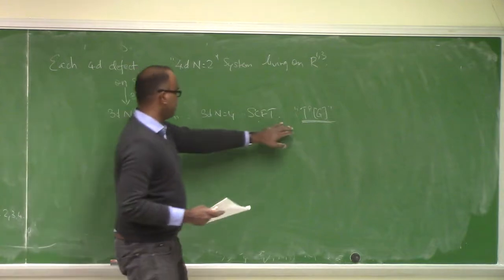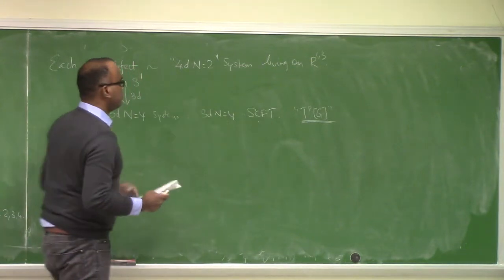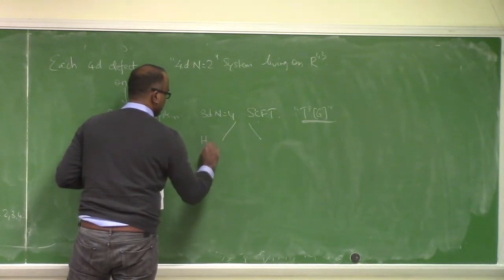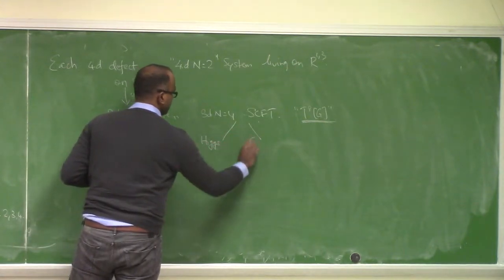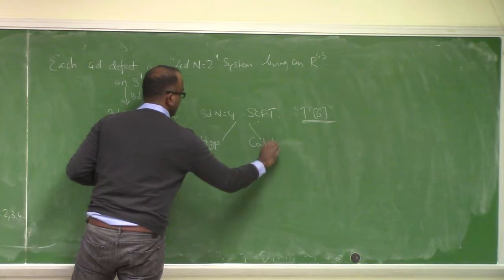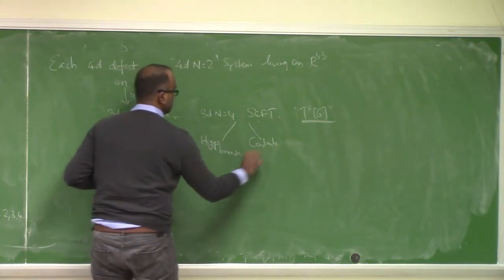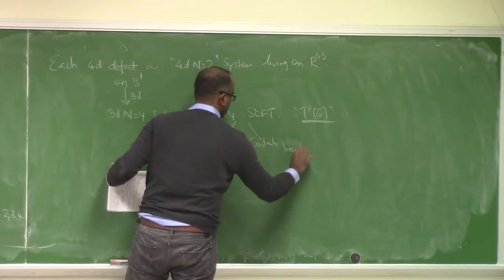But the crucial property here is that associated to every 3D N=4 system, I can again have a Higgs branch and a Coulomb branch.